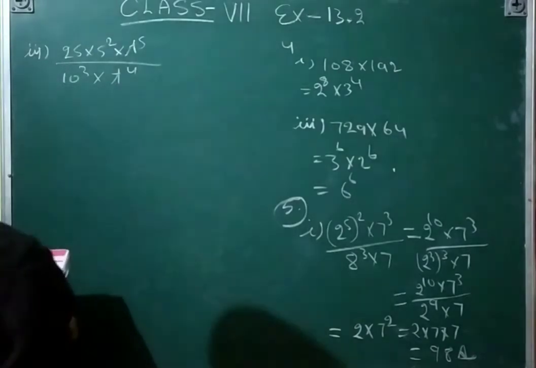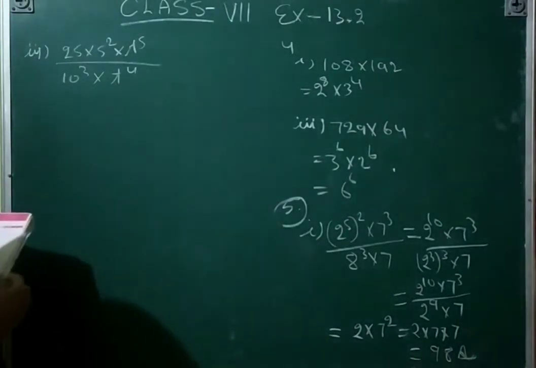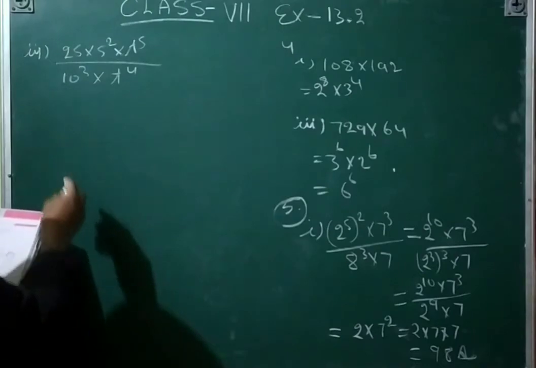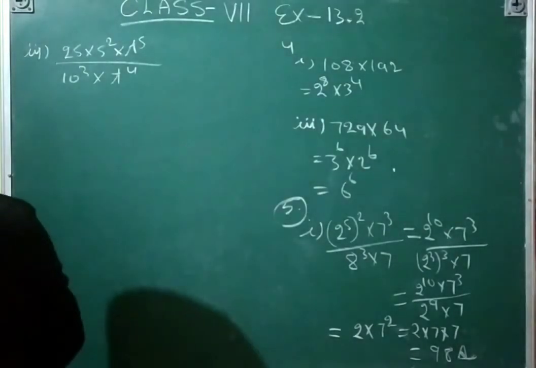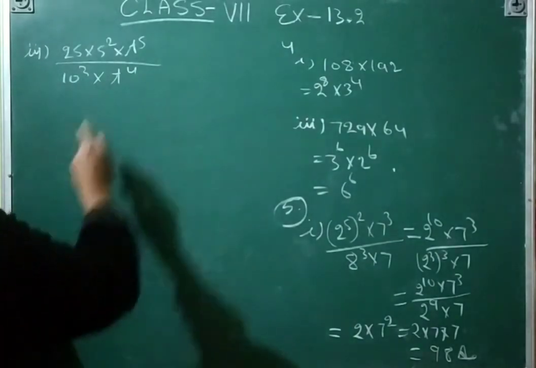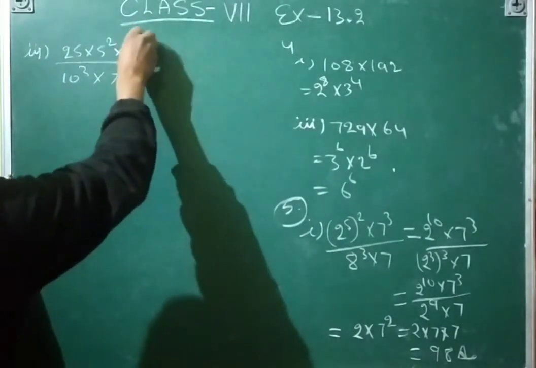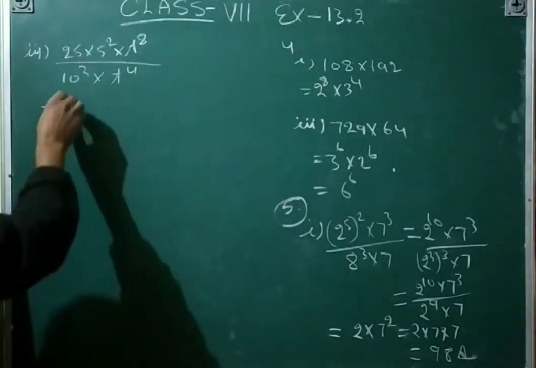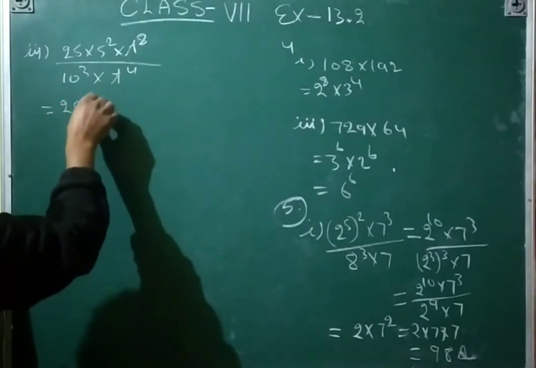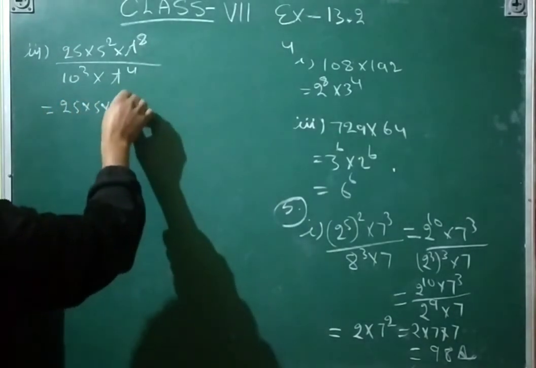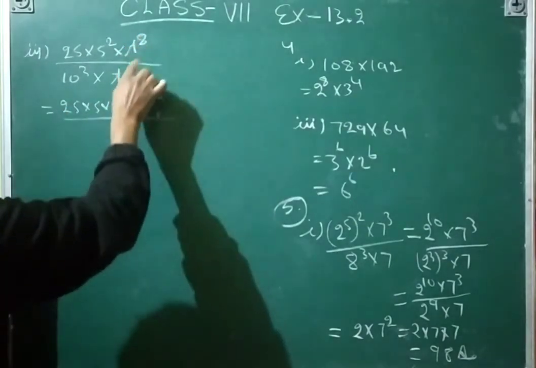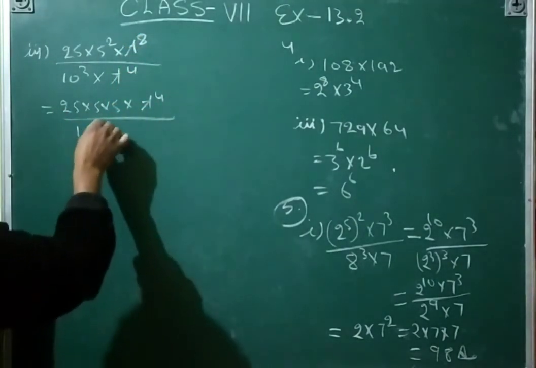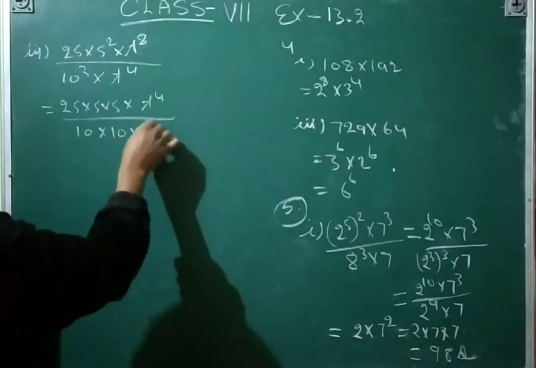So that this will be, see that, 25 into 5 into 5 into t power 4 upon 8, less 4, 4. So 10 into 10 into 10.